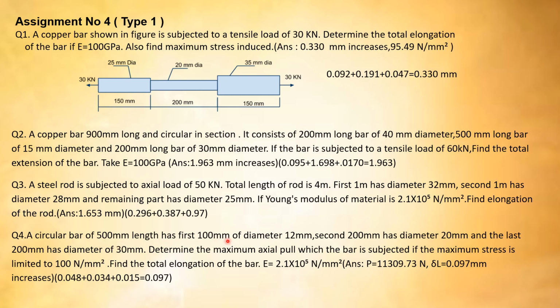So for this 100 mm also the same P, for this second part 200 mm also the same P, and the last 200 mm bar also P is this, and with this P calculate the delta L1, delta L2 and delta L3, and then calculate the total delta L. This is how you have to solve the problem.